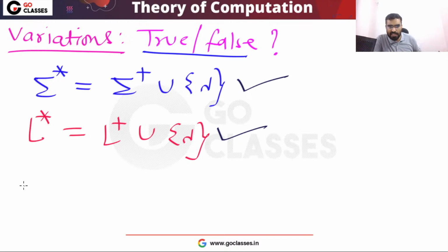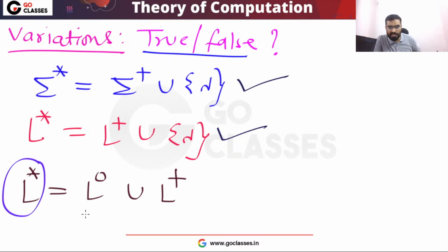Both the statements are correct because what is L star? L star is basically L power 0 union L plus. Correct? By the definition of L star, L star is L power 0 union L plus. And what is L power 0? That is the set containing the empty string.